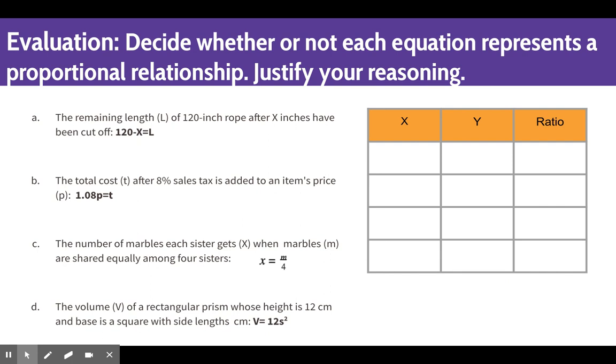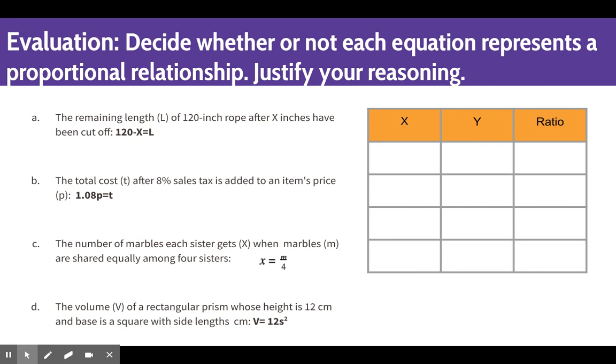Let's look at B. 1.08p equals t. You should be giving me a thumbs up. This is of the form y equals kx. It could be t equals 1.08p, or even if we write it backwards, this is of the form y equals kx.